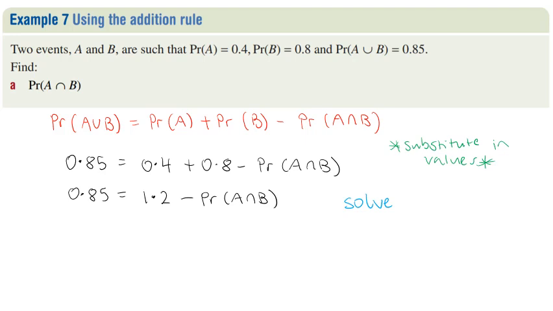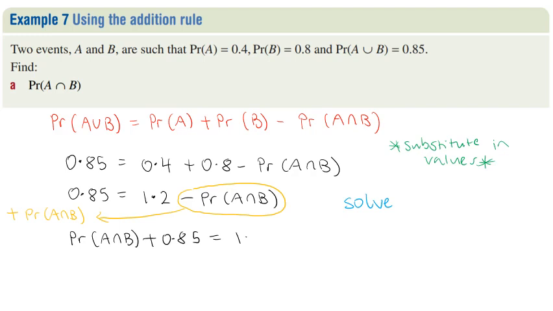I'm going to add this to the other side, so plus probability of A and B. So I've got probability of A and B plus 0.85 equals 1.2.